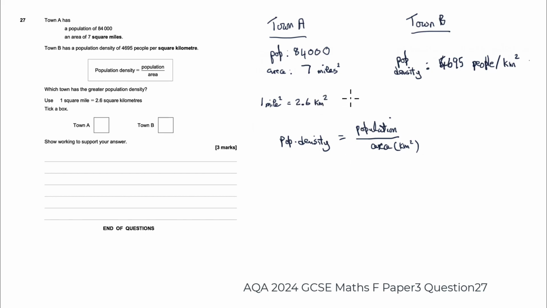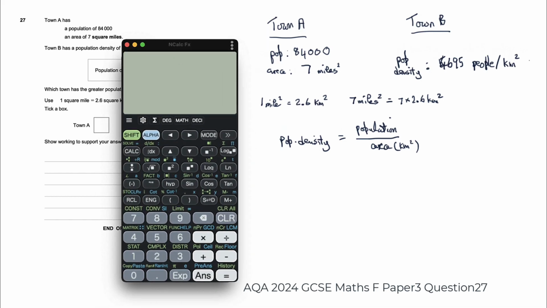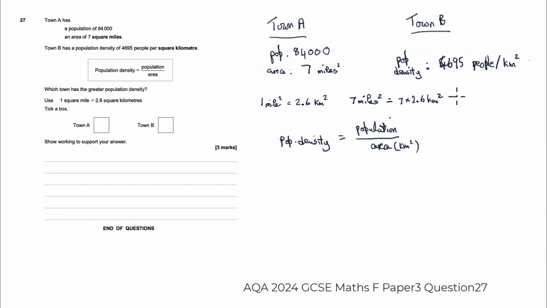So that would mean that 7 square miles, that would be 7 times what we're told, 2.6, 7 times 2.6. So that's 7 times 2.6. And there we have 18.2 square kilometres.